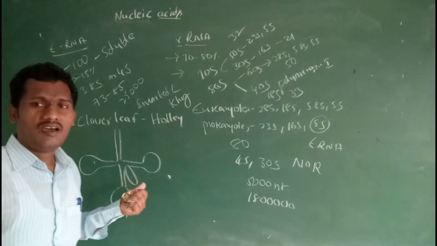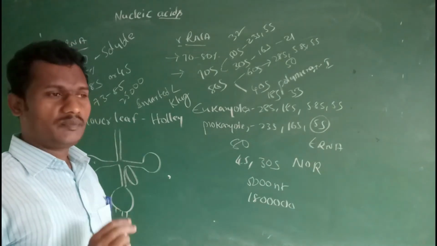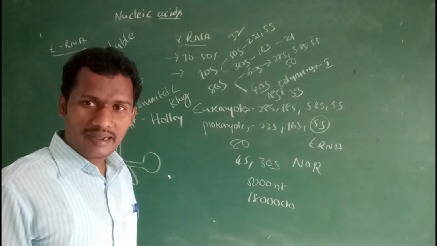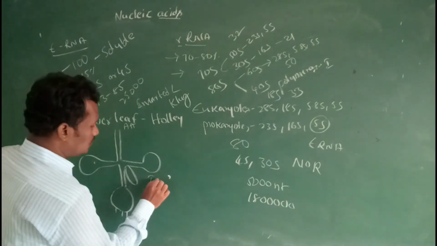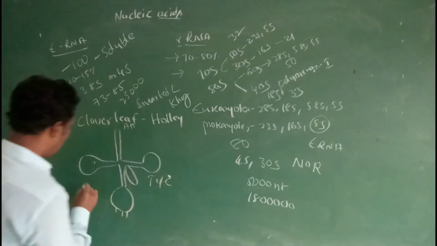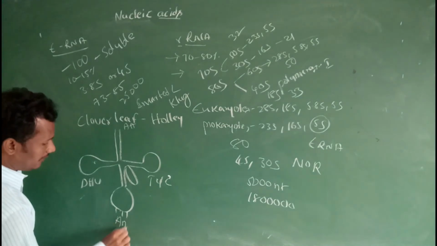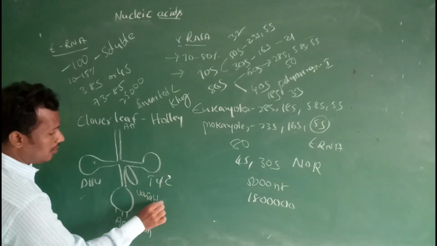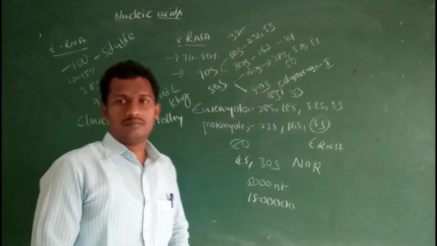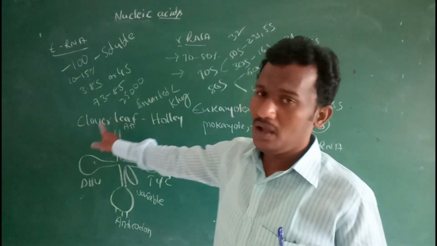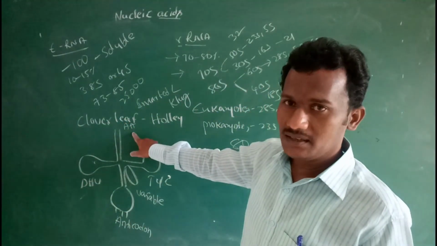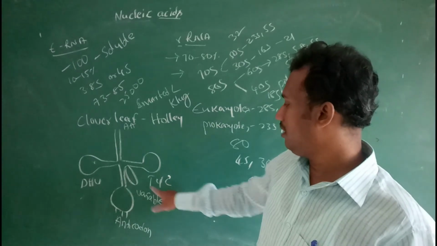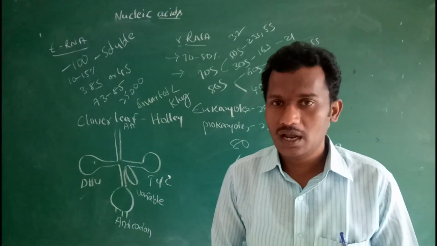Generally tRNA has 5 arms, that means 5 ends. This end is known as the amino acid binding end. Next, the pseudouridine arm, the dihydrouridine arm, the anticodon arm, and the variable arm. So tRNA has 5 arms: amino acid arm, DHU arm, pseudouridine arm, variable arm, and anticodon arm.